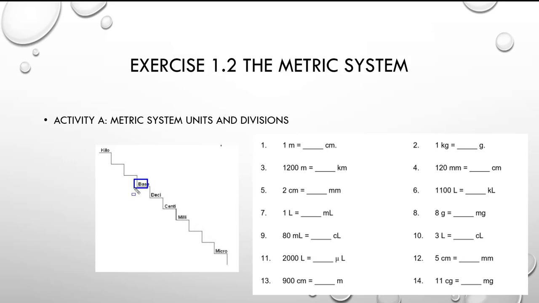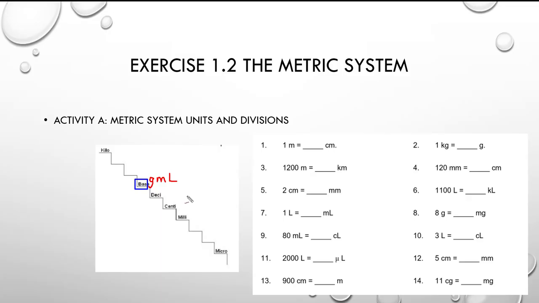So the ladder way starts with the base. So the base, remember, is your grams, your meters, or your liters. Okay, so that's your base units. And then remember, kilo up here is 10 to the 3rd power.